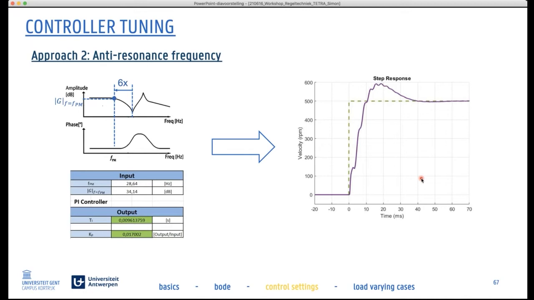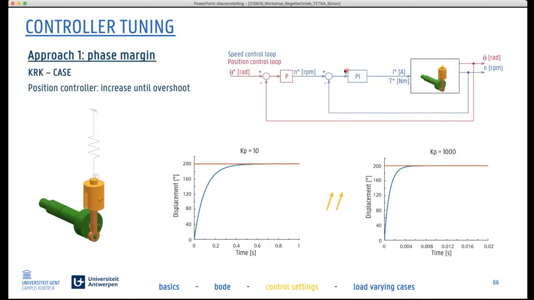Not necessarily, because we will not apply a step on your velocity. You will not start with a requirement of 0 rotations per minute and suddenly 500 rotations per minute. It's your position controller. If we go back, it's the position controller that defines the speed set point, and that speed set point can increase slowly and then decrease slowly. So we don't apply an actual step here.